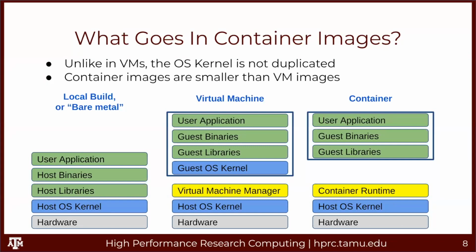So all the Linux distributions that share the same kernel will just be compatible. We won't duplicate the shared element. That's the power of containers: because all the flavors of Linux on the same architecture can use the same kernel, we don't have to duplicate that. So containers are much smaller in memory.